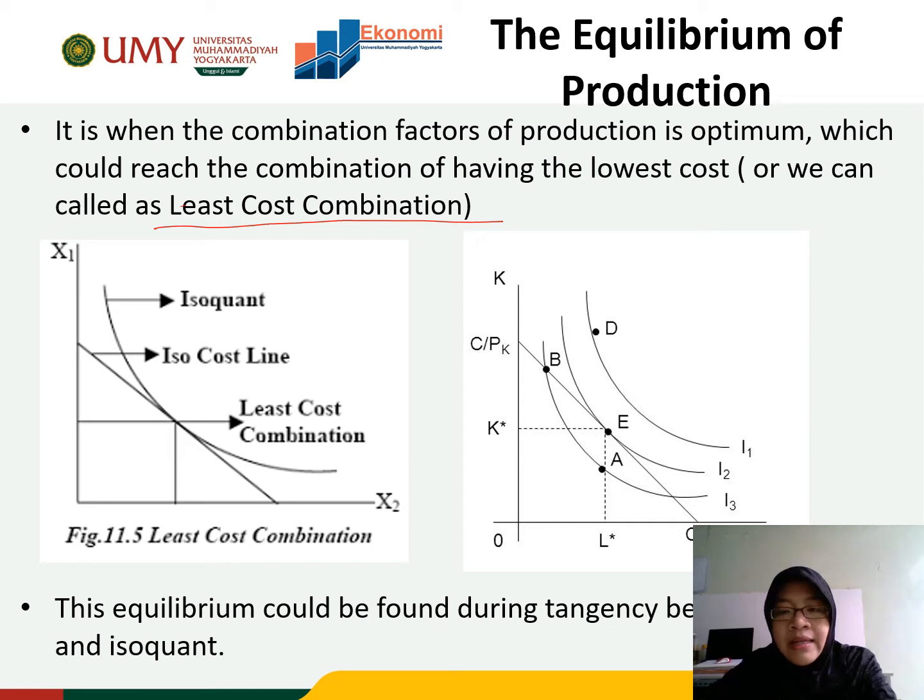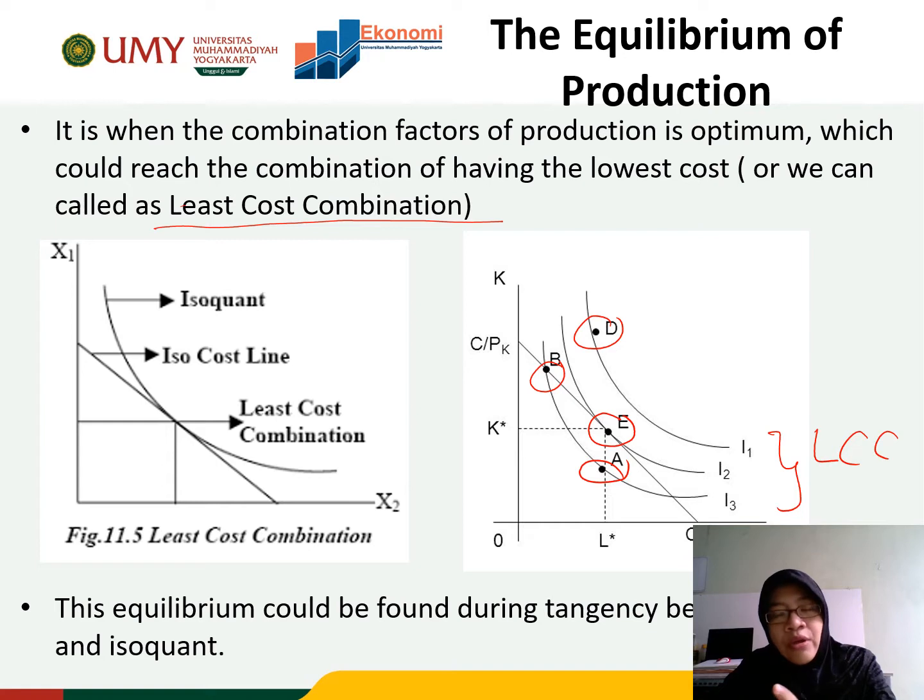So you can see that this is the combination of the production here, right? The least cost combination, the LCC, is between the isocost line and the isoquant curve. So this is the LCC, the least cost combination.